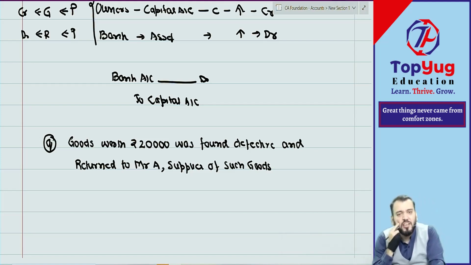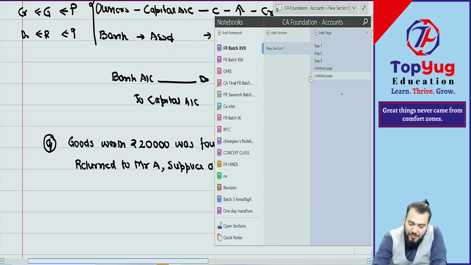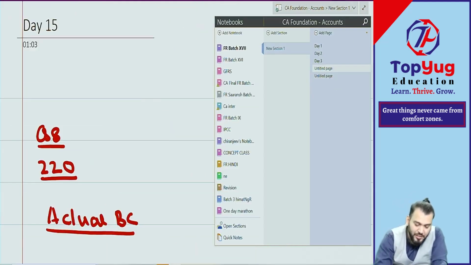Initially we purchased the goods from Mr. A, so already we have passed one journal entry: purchase account debit to A. If you remember, in the last class we already did this transaction. Let me check.